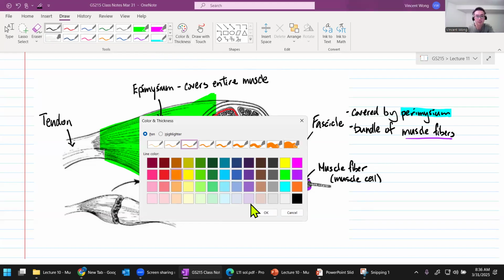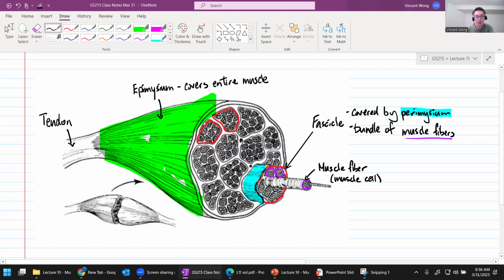And the muscle cell is going to be covered by another layer of connective tissue, which is right here. So we'll say covered by endomysium.